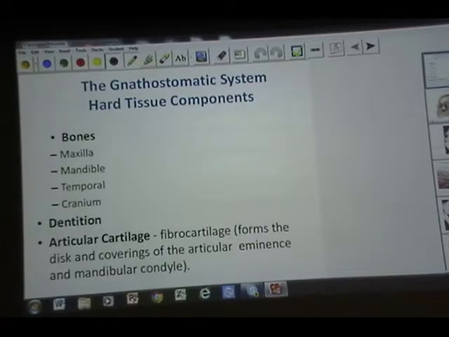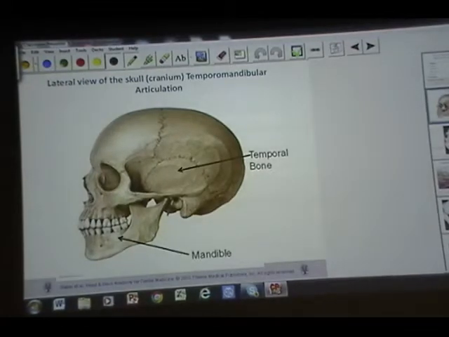All right, so let's look at, here's the skull, here's the mandible, the temporal bone, here's the maxilla. Over here, these are the three primary bones associated with the process of chewing or mastication.